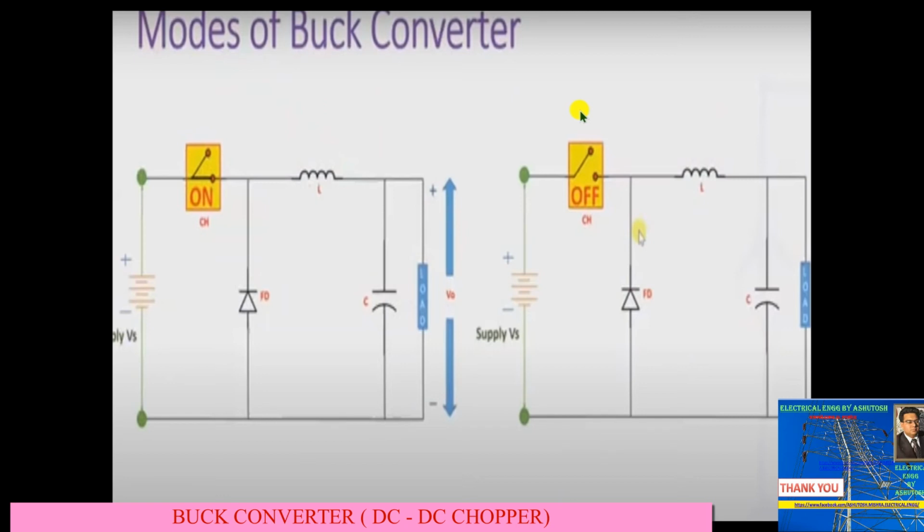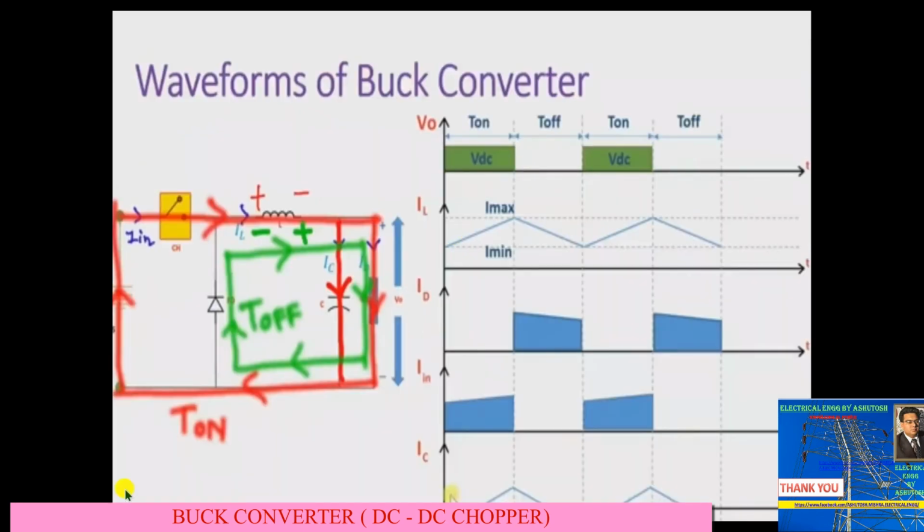Now the inductor current is continuous, and we can set the shape of the current by setting the value of the inductor. This is made possible by selecting an appropriate value of inductor. The inductor current in steady state rises from a minimum value with a positive slope to a maximum value during the on state, then drops back down.